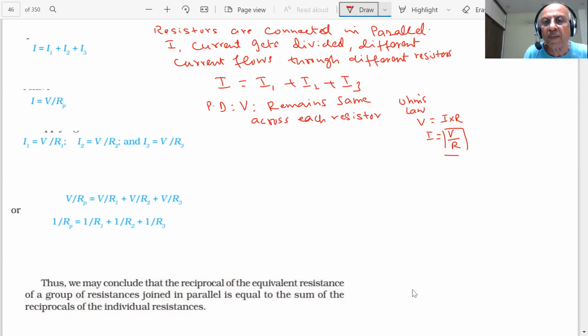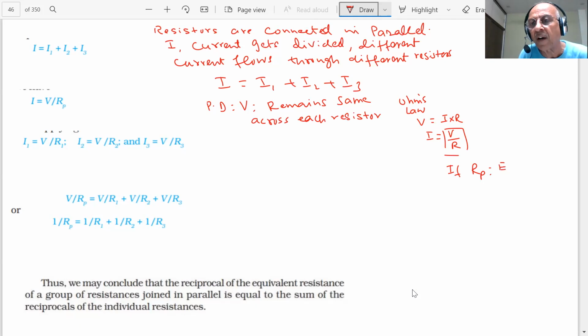If RP is my effective resistance, then we have to find the equivalent resistance.